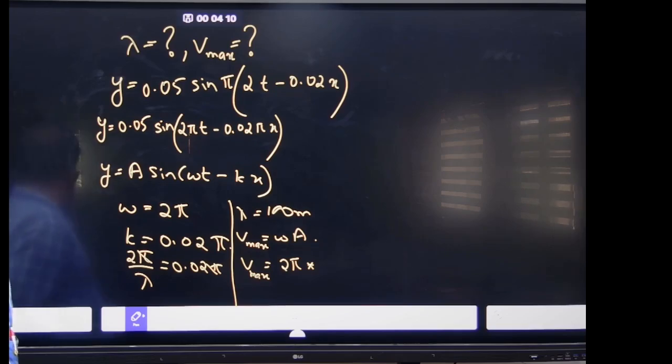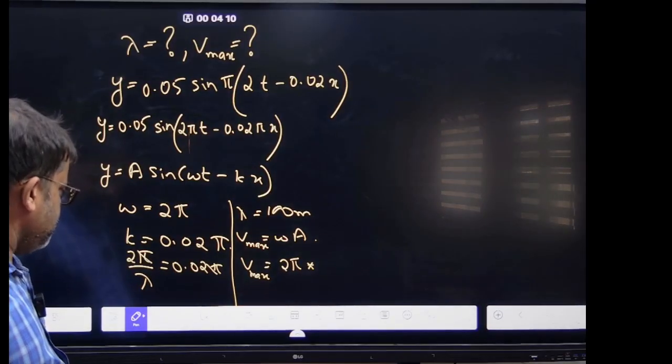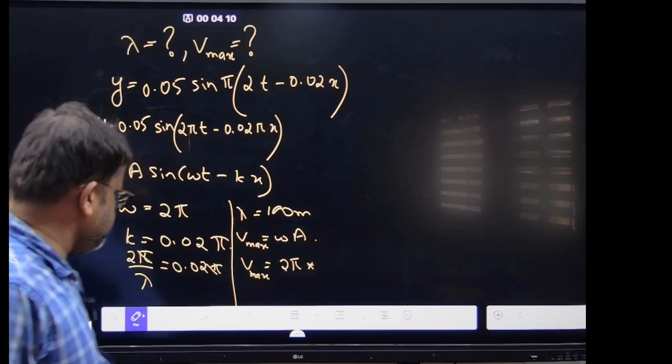And the wave velocity... wave velocity are respectively. Okay, 1 minute. He is asking us wave velocity.